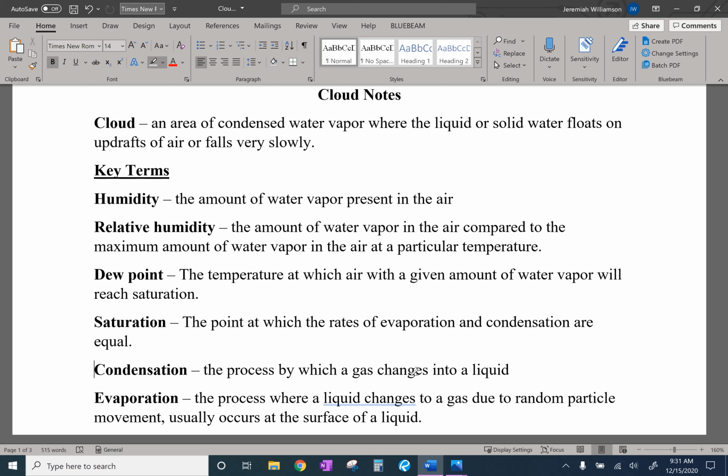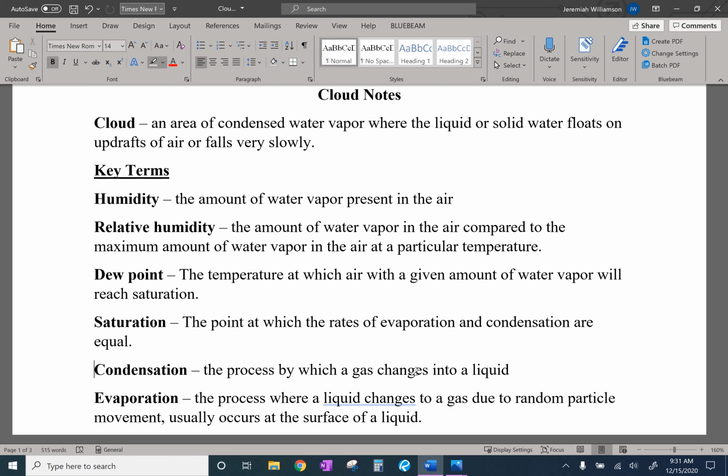Now, evaporation, that's the process where a liquid changes to a gas due to random particle movement. It usually occurs at the surface. Now, you can heat water and cause evaporation to happen, but here we're talking about more of a natural process where the molecules are flying around, and occasionally they will fly off.